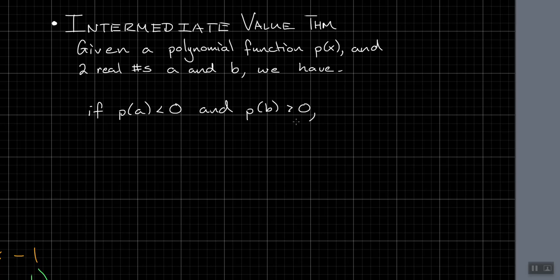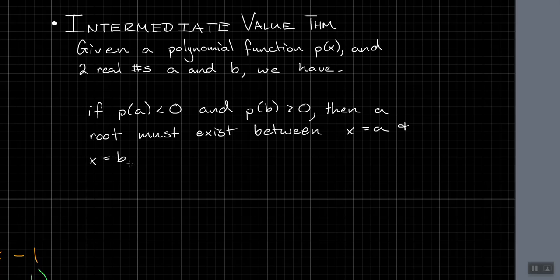That's all we're saying. Then a root, solution, x-intercept, whatever you want to word it, must exist between which two values? Good. Between x equals a and x equals b.